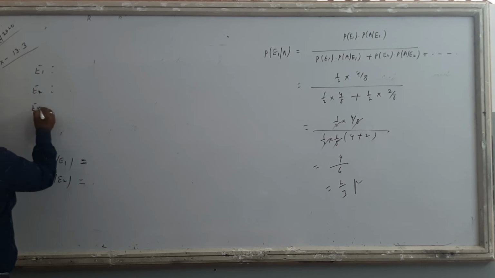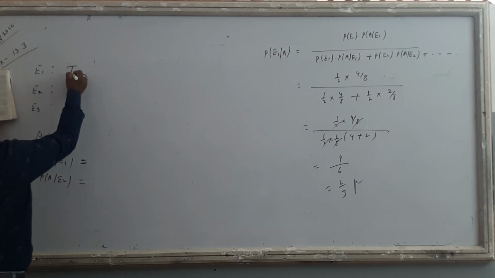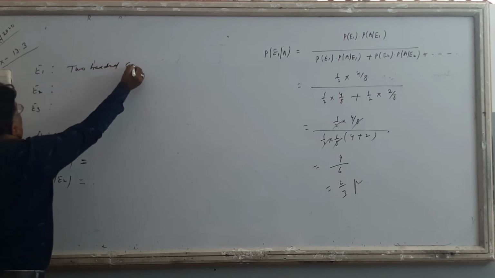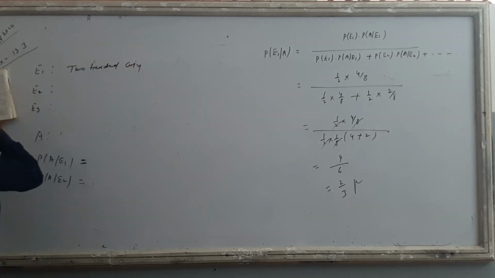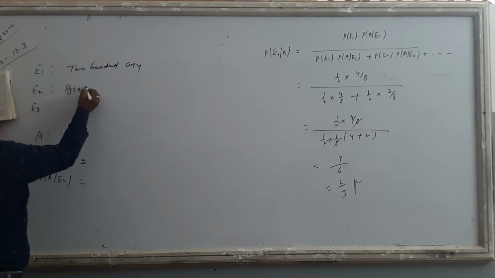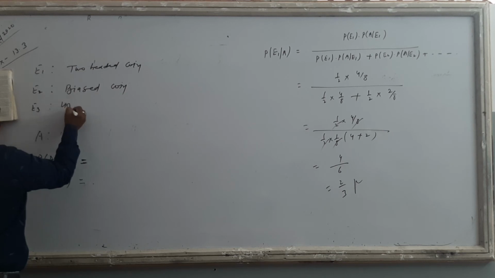There are 3. E1 is the two-headed coin, that means both sides are heads, and E2 is a biased coin, and E3 is unbiased.